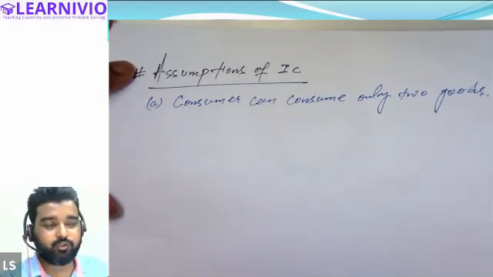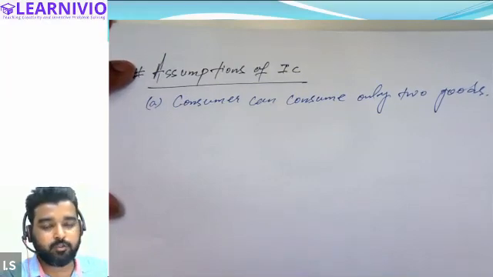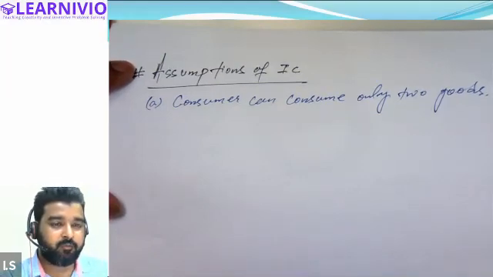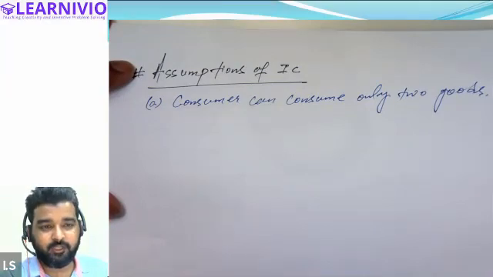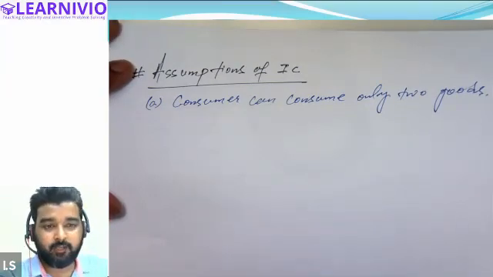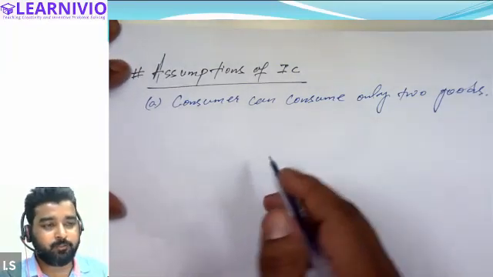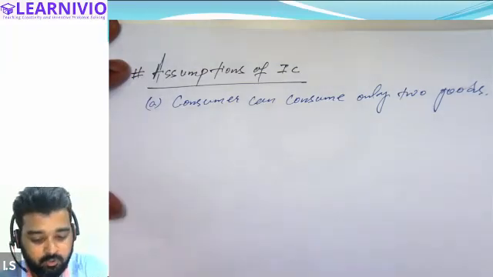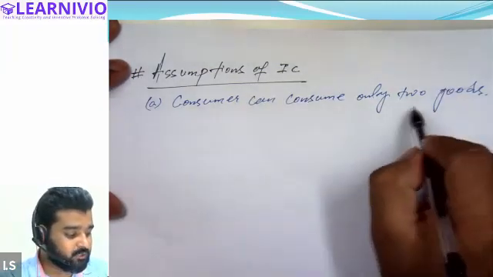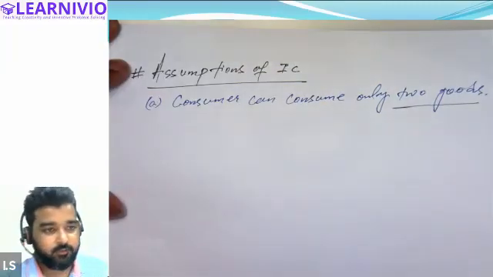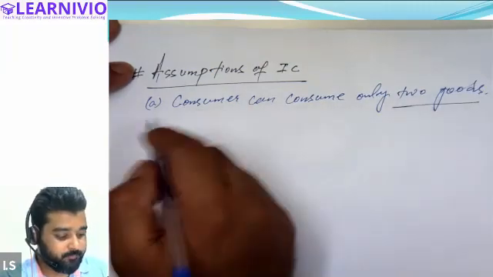Therefore, if we take 3 commodities, it will be impossible for us to present 3 commodities on the diagram and make a curve based on them. So we have assumed that the consumer can consume only 2 goods because there are only how many axes? 2 axes on the graph. All right. So this is our first assumption.